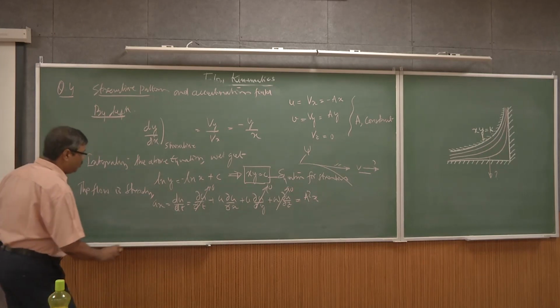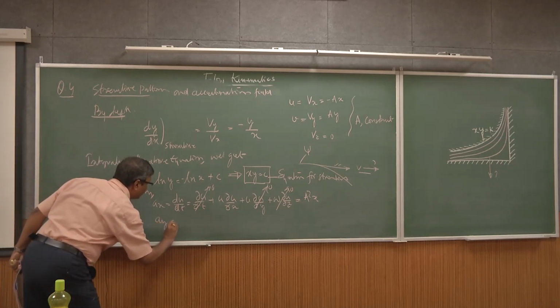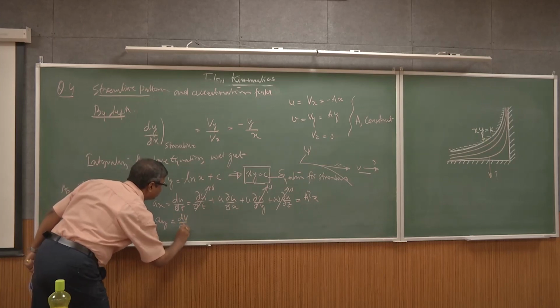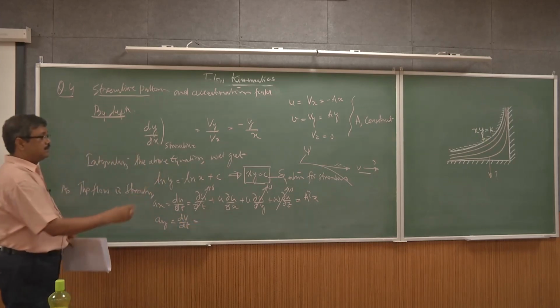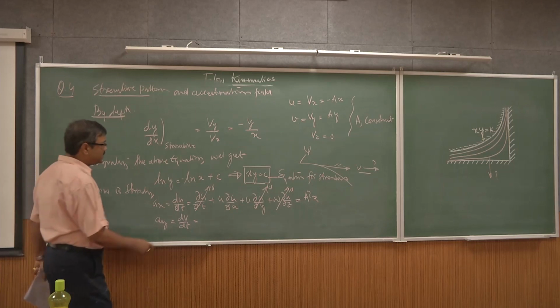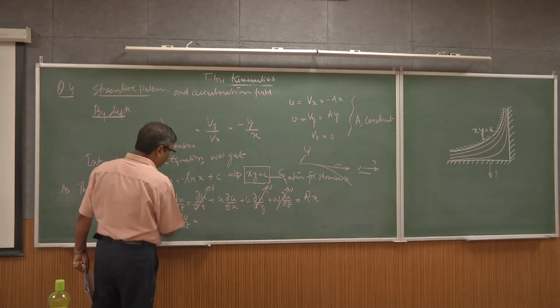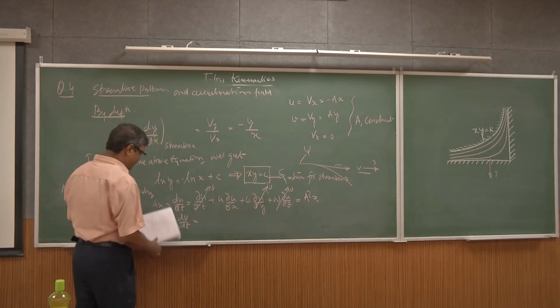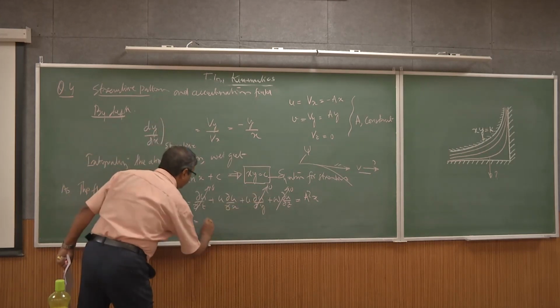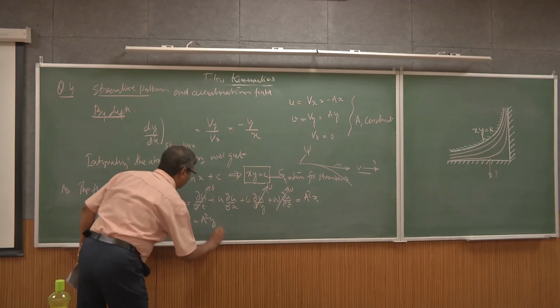Similarly, we can compute ay, which is dv by dt. Writing the same expression, instead of u we write the scalar component in the y direction, v, and if I substitute it, I get a square y.